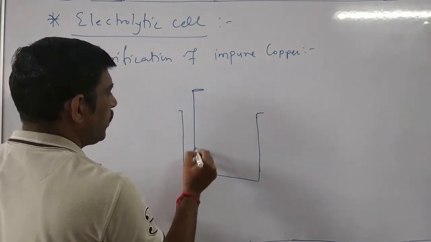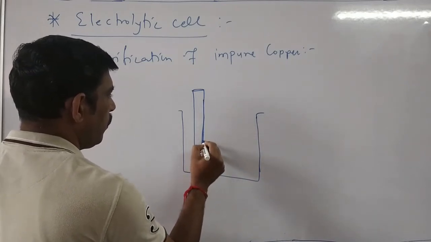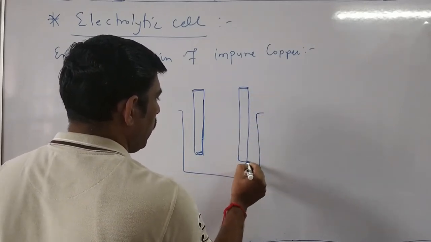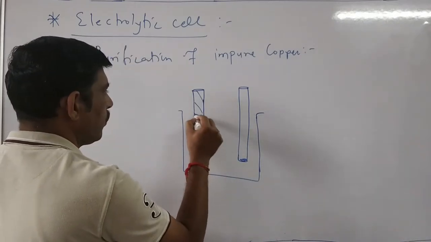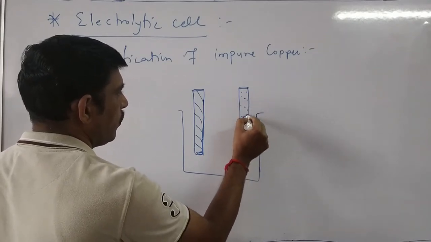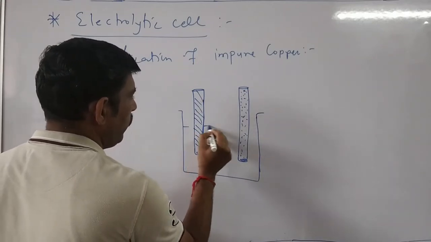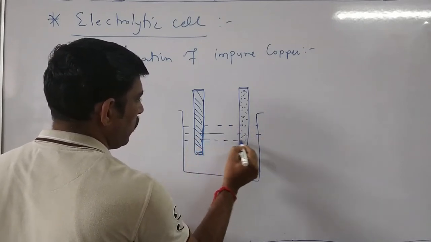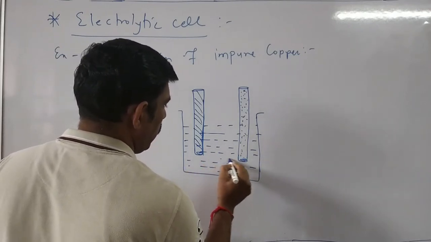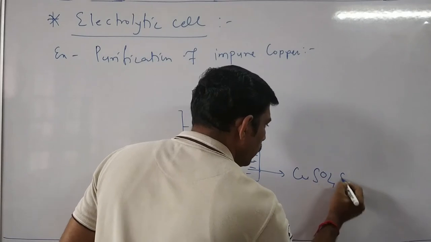Suppose this is one copper rod, and this is another copper rod, and both are dipped deep enough in the CuSO4 solution.